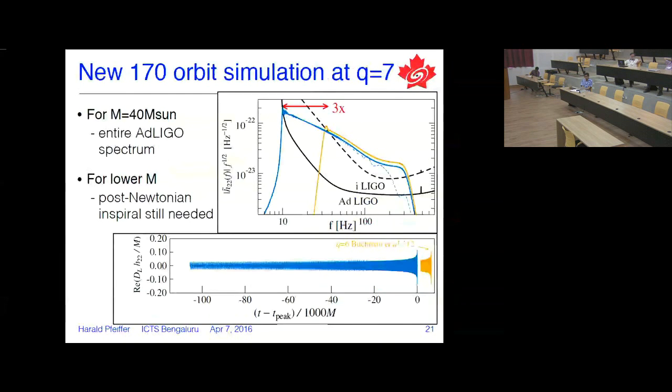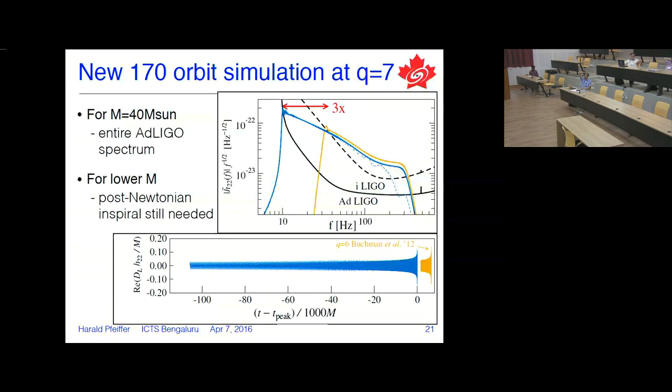Slide 21 gives a little bit more impact for why one wants to do these particularly long simulations with the 170 orbits. As you can see in the top right panel, that contrasts a more typical 20-orbit waveform in yellowish orange with the 170-orbit waveform. What you're gaining with the extra cycles is much better reach towards lower frequencies, cutting the initial frequency by roughly a factor of 3.